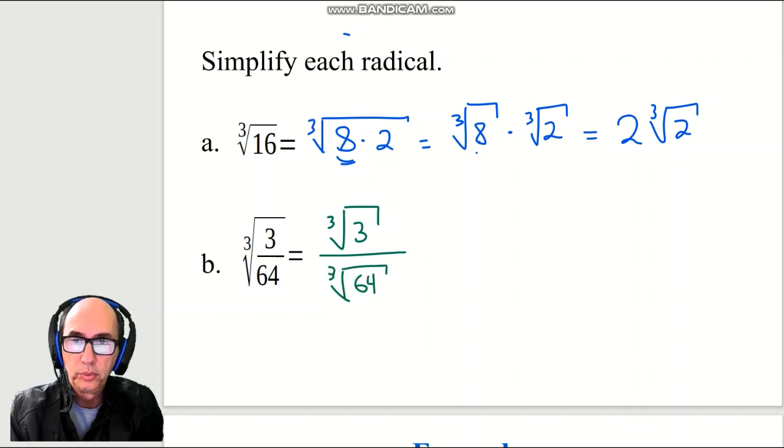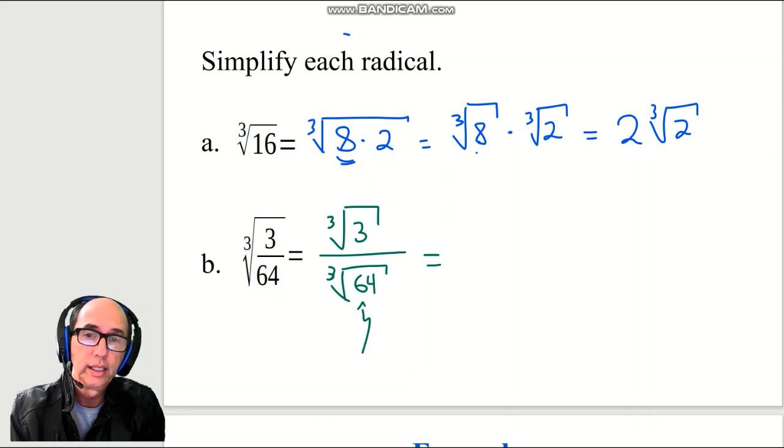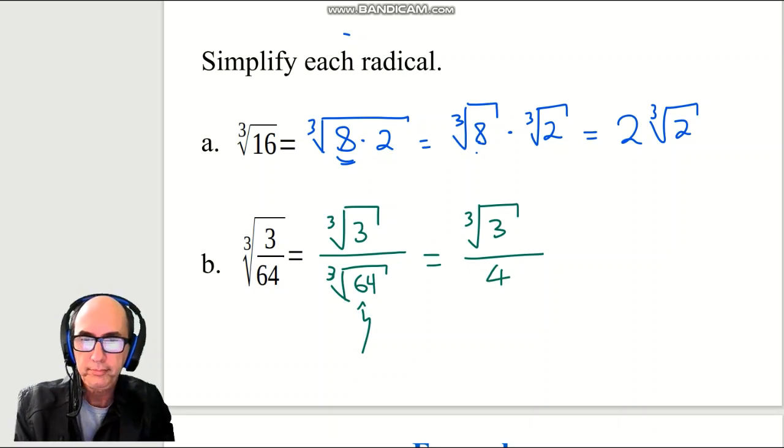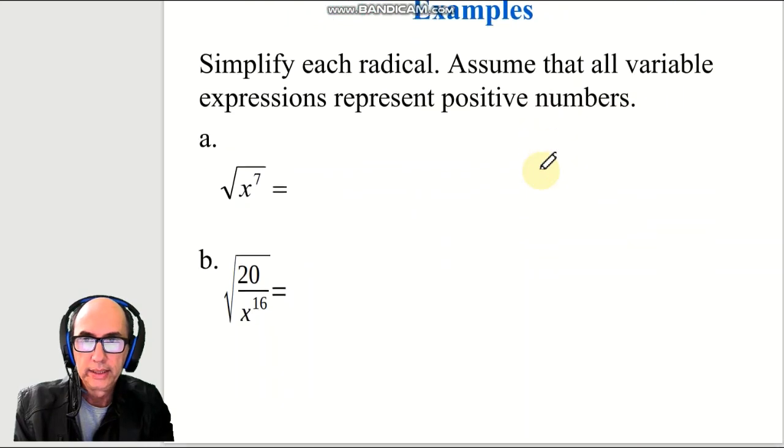This is a cube root, the index is 3. I think we can find the cube root of 64, right? Cube root of 3 over 4, because 4 times 4 is 16, times 4 is 64. That's the answer. All right, next examples.